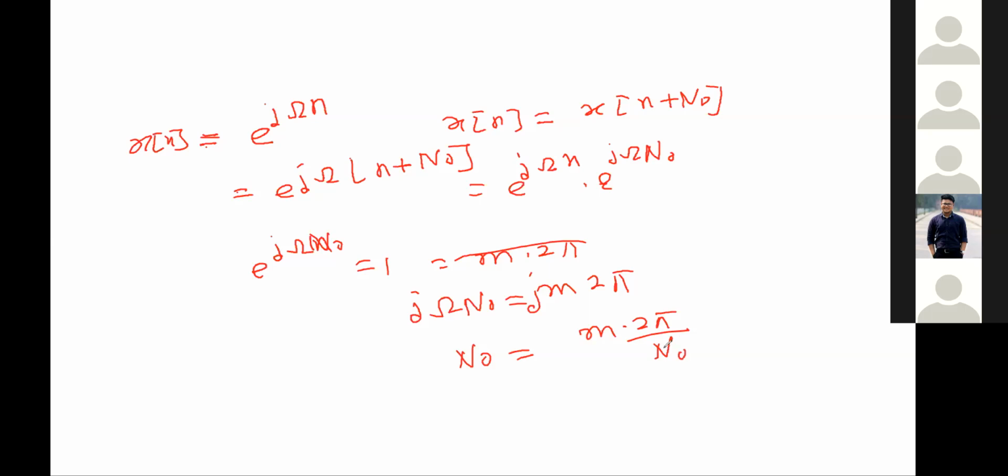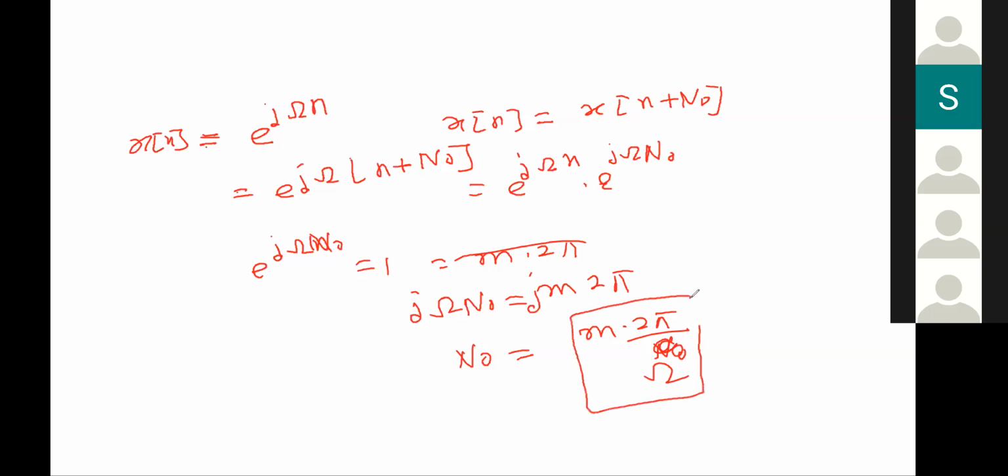Because n should be an integer, that ratio should also be an integer, isn't it?